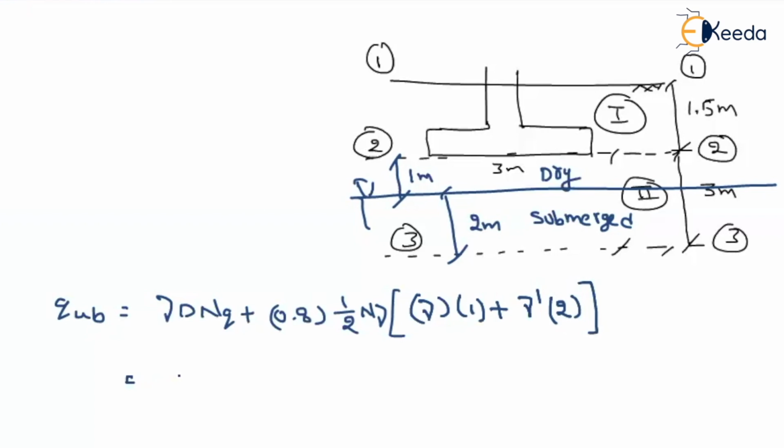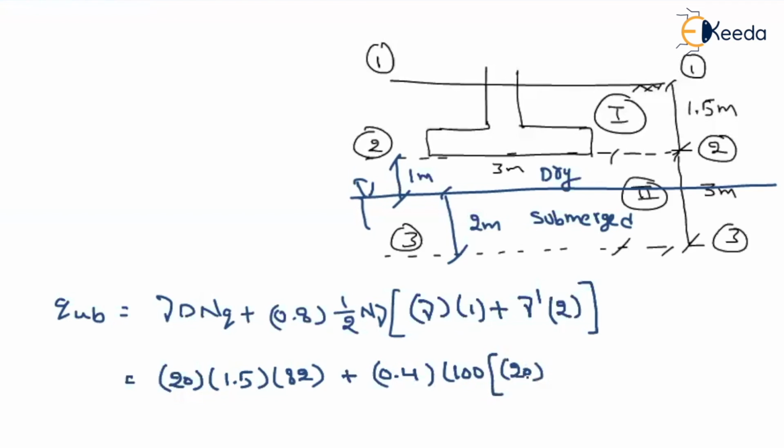Gamma is given as 20. D is given as 1.5. N_q is given as 82. Plus 0.8 by 2, that means 0.4, into N_gamma value 100, into gamma, that means 20 into 1, plus gamma dash.